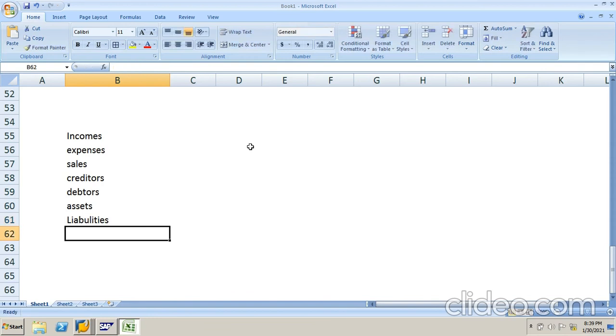So this is just an example. So in accounts we have different groups. Incomes, expenses. Expenses means rent expenses, salaries, all expenses come under this group. Sales, creditors, accounts payable, accounts receivable, assets, liabilities. We have different groups.